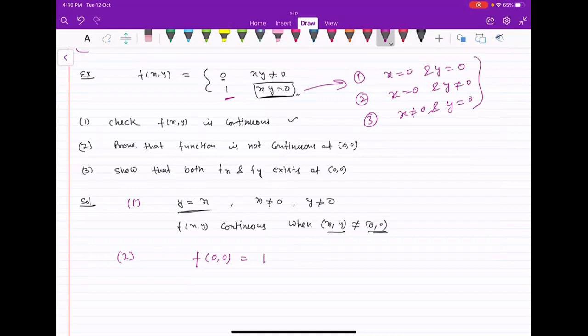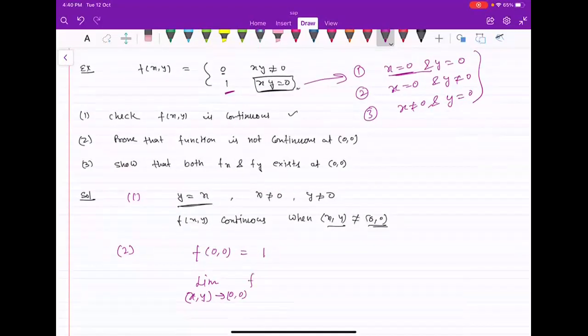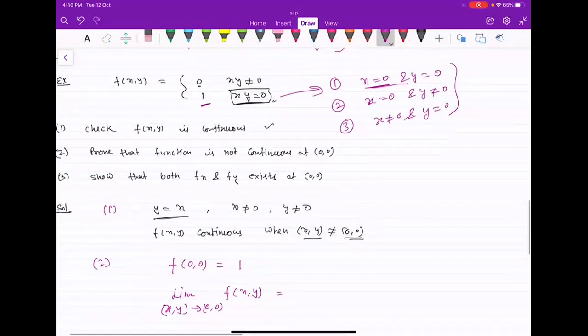Okay. So if we are talking about this one, when x equal to 0 and y equal to 0, the function value is what? That is 1. And let us compute the limiting value. The limit as (x, y) is tending to 0, 0 of f(x,y). What is the value coming out to be?